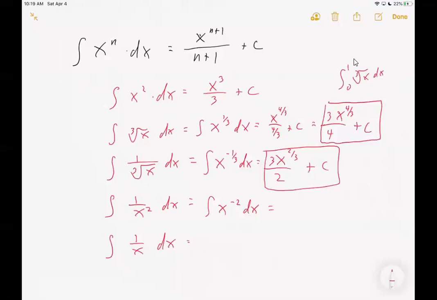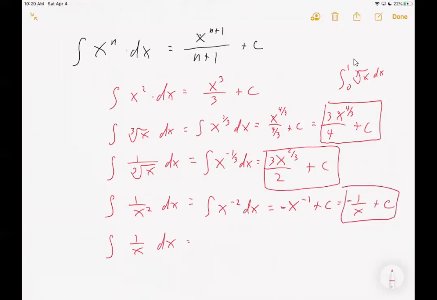Be careful, a lot of people will lower it 1 instead of raising it 1. When you have negative 2 and you add 1, you're at negative 1. So this becomes x to the negative 1 over negative 1. But we usually, instead of dividing by negative 1, multiply by negative 1. And this one, it's helpful to write algebraically as negative 1 over x plus c.